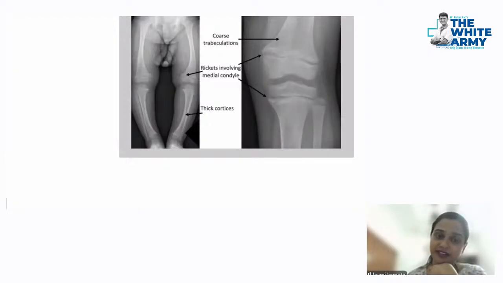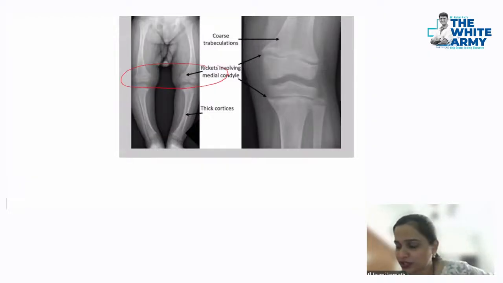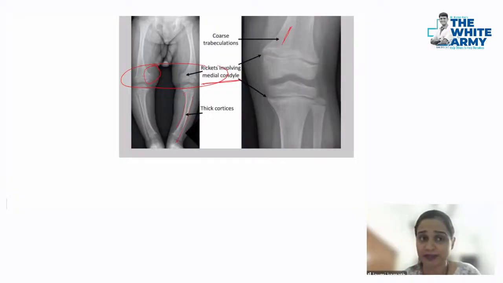All refractory rickets generally affect the lower limbs more than the upper limbs. And as you can see, more than uniformly affecting the bone, it affects one of the condyles, either the medial or lateral condyle more. So you can see it predominantly affects the medial condyle. Coarse trabeculations are there. Thickened cortex is also there. And classically, not all features of cupping and splaying will be there.